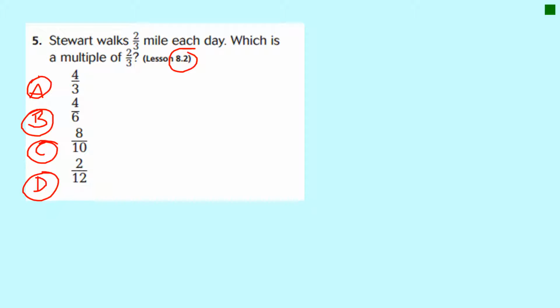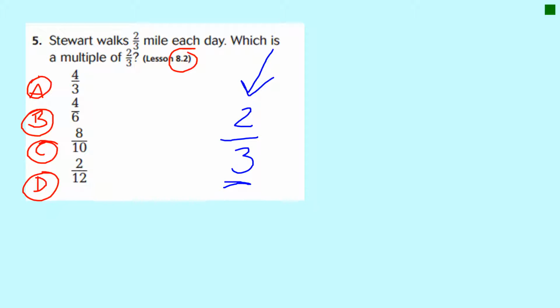Okay, so what is a multiple of 2/3? So multiple, multiply. Remember that? 2/3. The 3 is how many make one whole. So the 3 is not going to change because we have more and more and more pieces. So we're going to do the multiples of the pieces that we have.